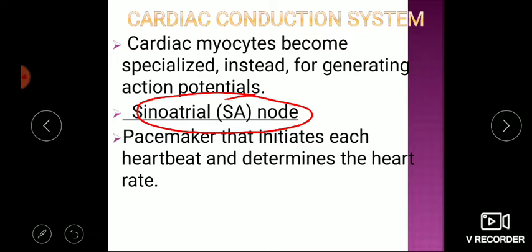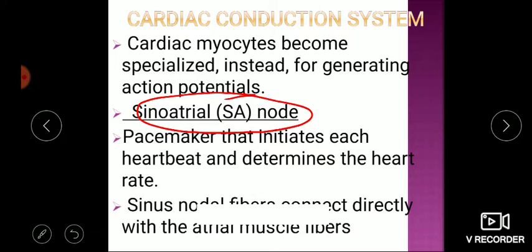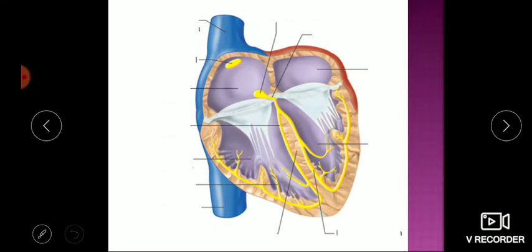That's why the remaining conducting tissues remain in a latent period, so they are unable to generate the impulse. So the SA node dominates. As it generates at the fastest rate, the SA node is called the pacemaker of the heart. The sinus nodal fibers connect directly with the atrial muscle fibers.